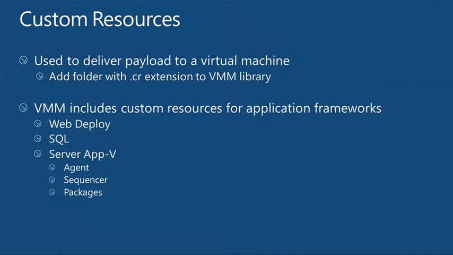So you've got your agent install, which has to be deployed. You've got your sequencing, so you can deploy the sequencer and actually have it as a template or a service within your environment to start capturing applications within your organization. With Service Pack 1 's coming the ability to remote capture.